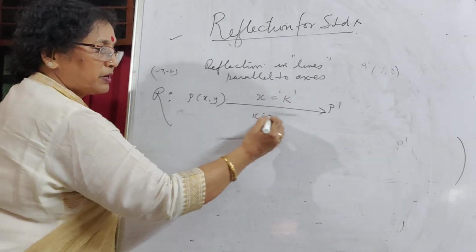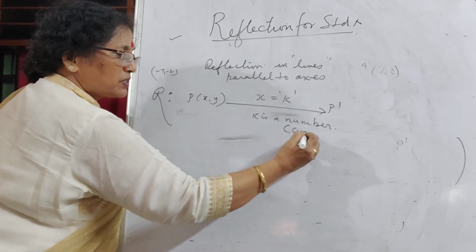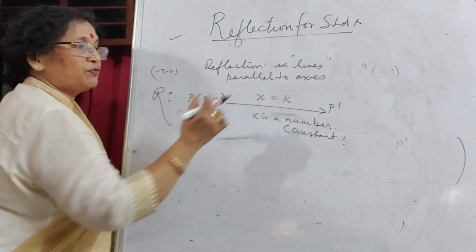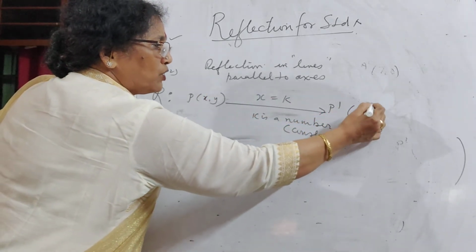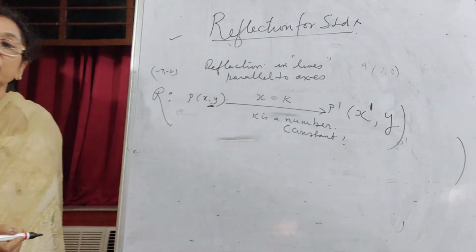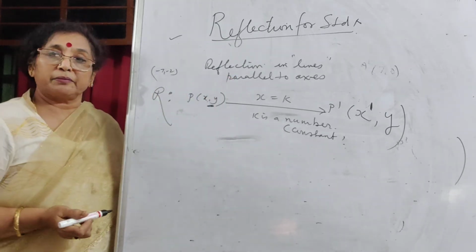So k is a number, a constant. X will change, so I'll call it a new name. Y will not change. Y will be the same. So the ordinate of the object point and image point will be the same.